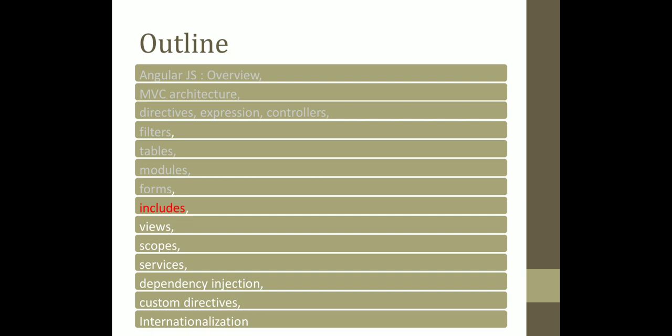The client and server side framework is very important and very interesting as well, because it gives you the idea of how you are coding and how you are dealing with the things that happen on your web page or in your application. We will continue with this in the next session, and we will see includes, views, scopes, and services in the next video session.